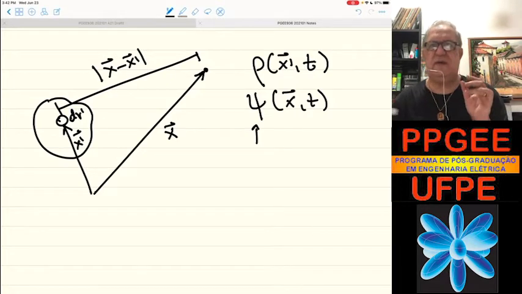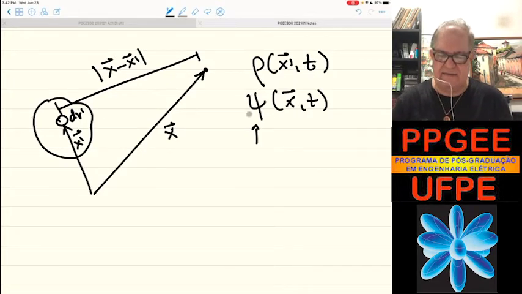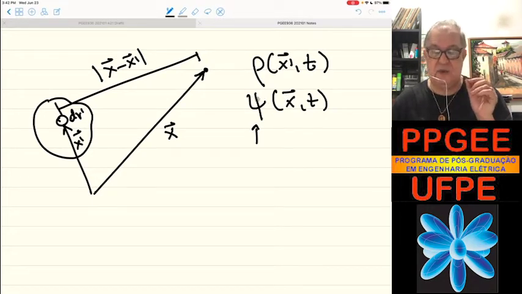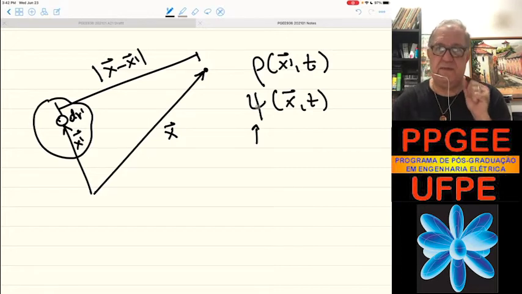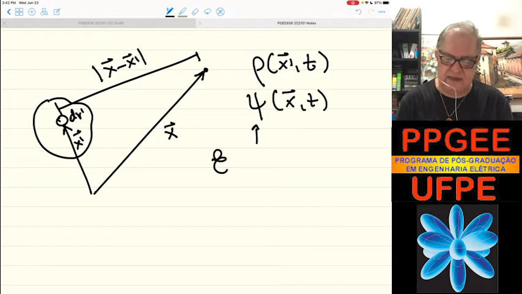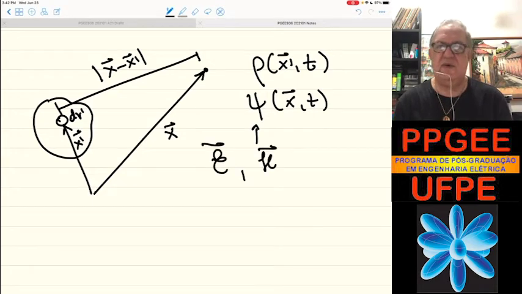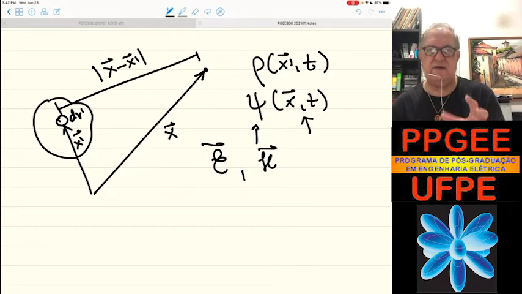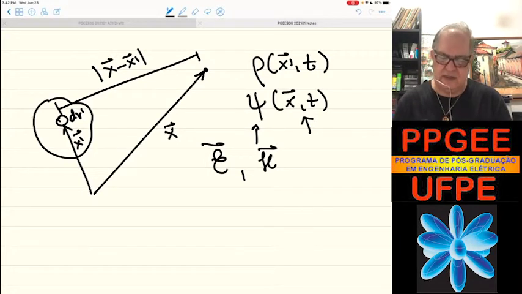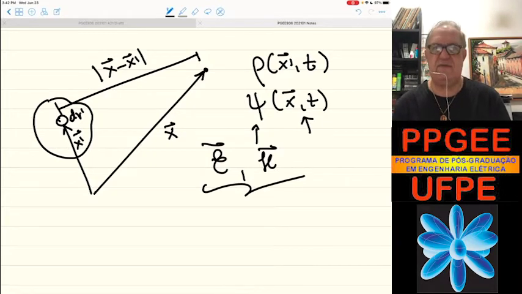So the solution in the Coulomb gauge for the potential doesn't have the information on time delay due to the finite speed of light. So it's a solution that doesn't have much physical meaning. But this doesn't mean that E and H, which are the final quantities, don't have a meaning. I mean, this function with no physical meaning is used to determine those quantities that will have the information on time delay. Okay? So recall that.